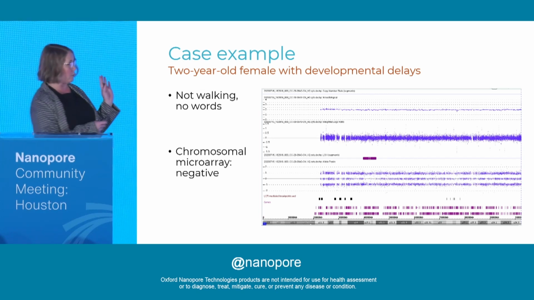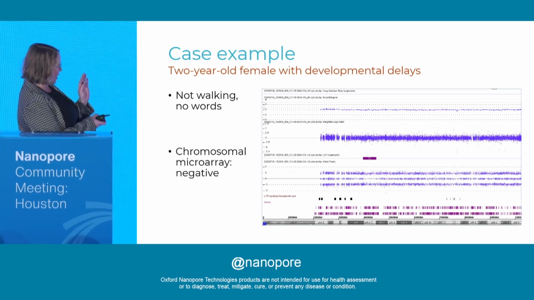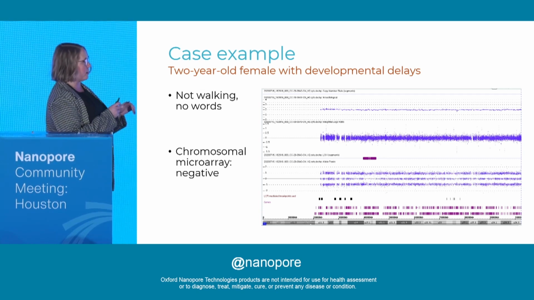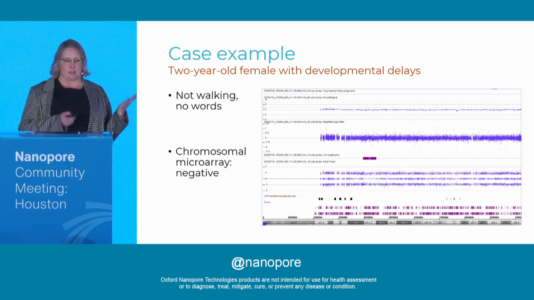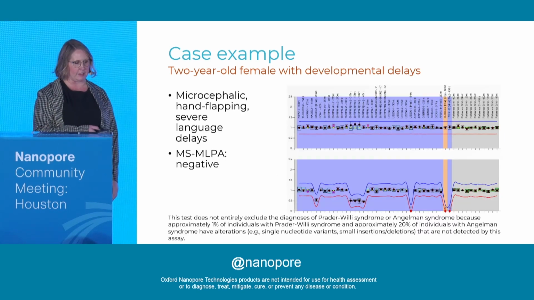Here I'm showing you chromosome 15. This is the copy number pattern on the top, as well as our SNP probes on the bottom. And so you see these 3 tracks indicating the presence of both homozygous and heterozygous SNPs. Sign this out, chromosomal microarray, negative, no findings.